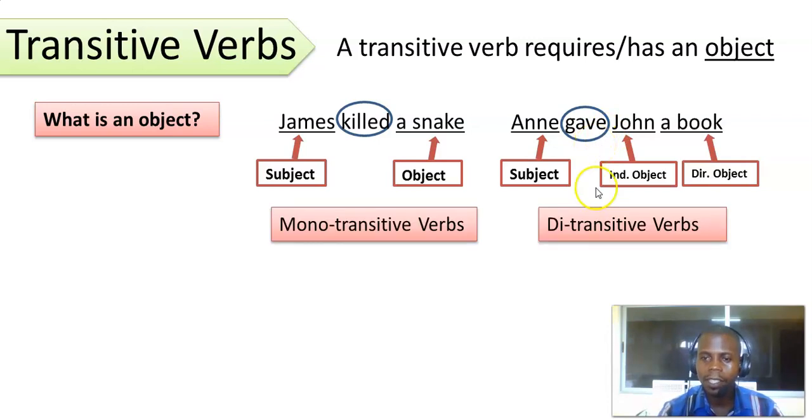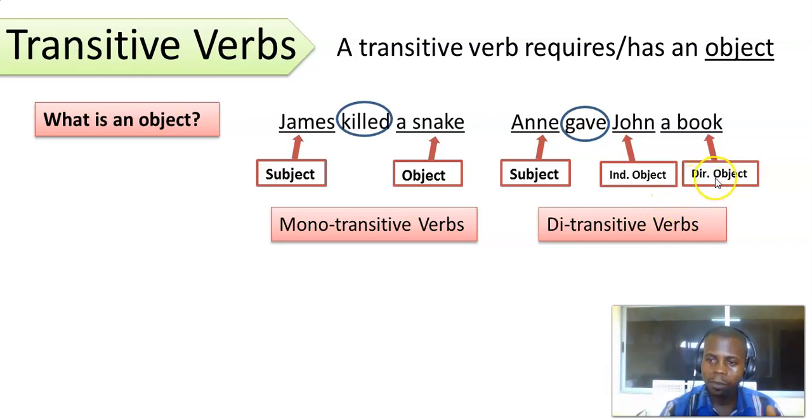Ditransitive, as you can see, the meaning of di is two. Verbs that have only one object are called monotransitive verbs, and the ones that have two objects are called ditransitive verbs. So always remember that some verbs can have two objects. I'm going to give you some more examples of such verbs in a moment.